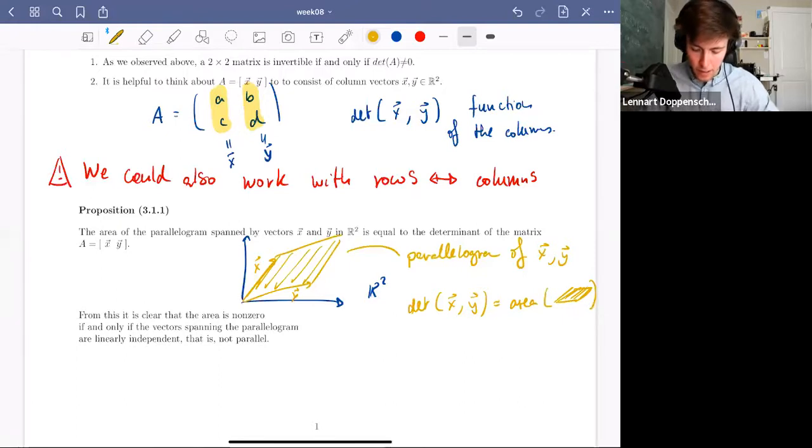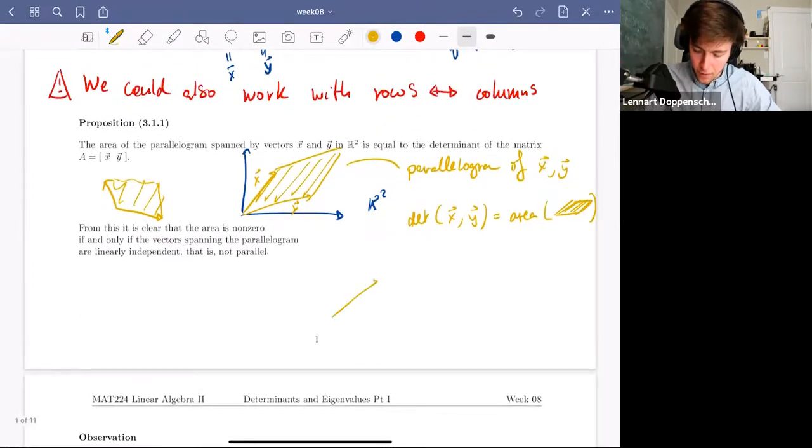And just by drawing parallelograms, you can see that no matter how you draw them, it always makes sense to have some parallelogram. This is just another example. And if you draw these arrows parallel, then you can see that the area is equal to 0.